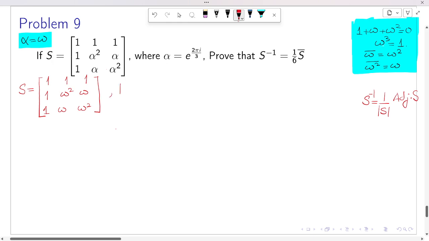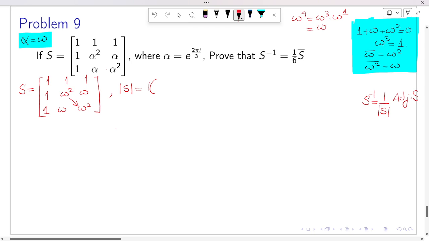Now let us find the determinant of S. Determinant of S is 1 times omega square into omega square, which is omega power 4. And what is omega power 4? Omega power 4 is omega cube into omega, and omega cube is 1. So this is just omega.